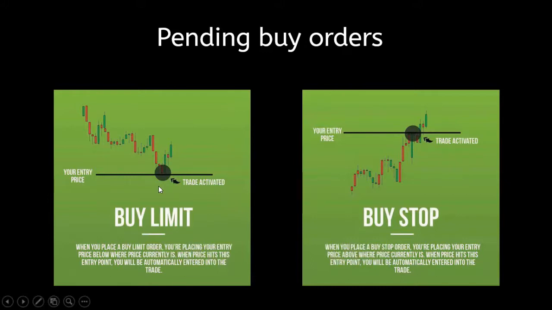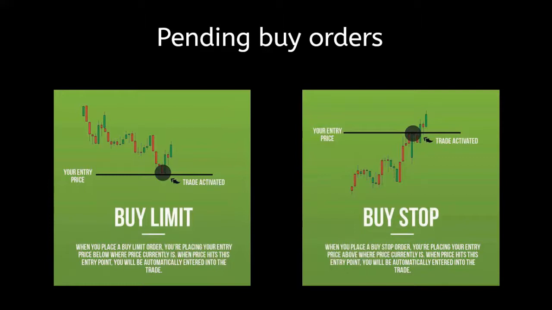For example, this could be a Fibonacci level, where you do not want to buy high, so you will simply wait until the price retraces back to a Fibonacci level, and you can place a pending buy order there. So the pending buy order that fits this situation is what we call a buy limit.